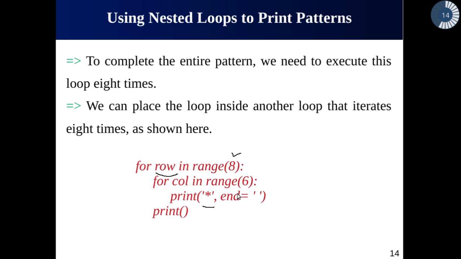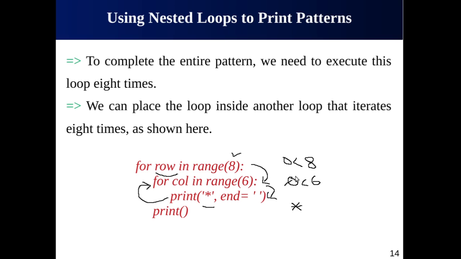So if you see here, the initial value of row is 0, check the condition, 0 is less than 8, true, will come to the inner loop. Here the initial value of column is 0, check the condition, 0 is less than 6, yes, true. It will come to this statement, this print asterisk, and then after printing, do not go to the next line, stay on this line, and then go back to the inner loop, increment the value of column by 1.